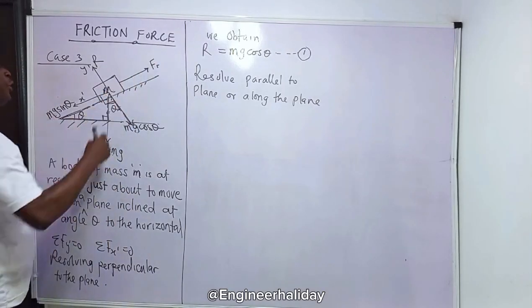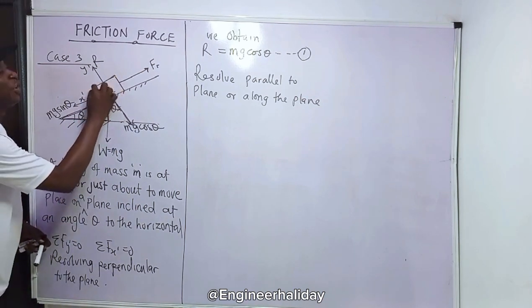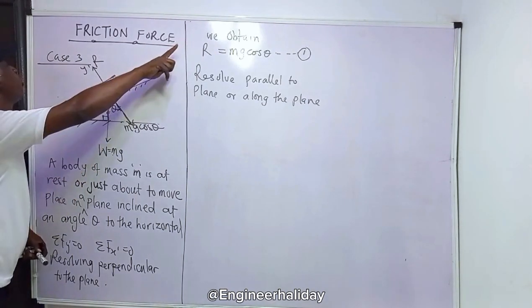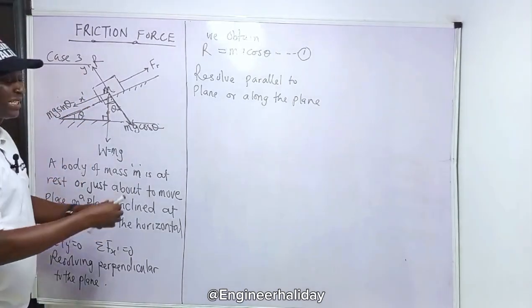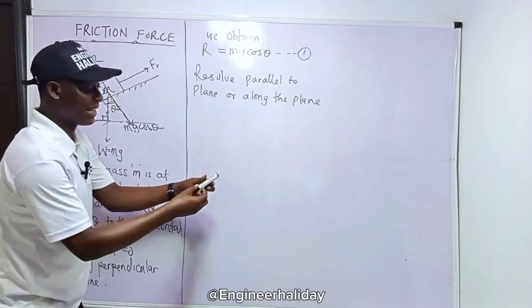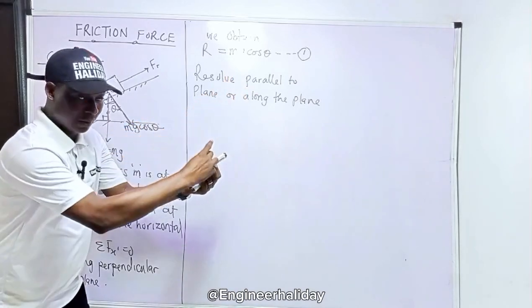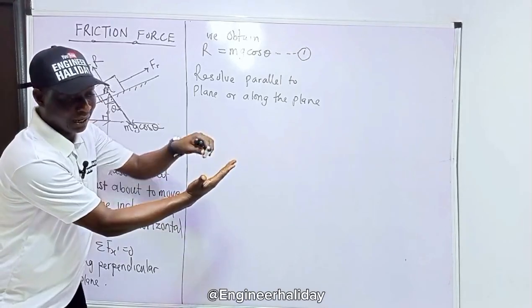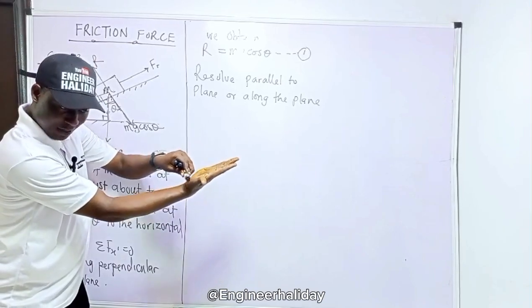Why is friction even acting? Imagine you place a body of mass m on an inclined plane. As I slide the body, the expectation is that the motion will be down.